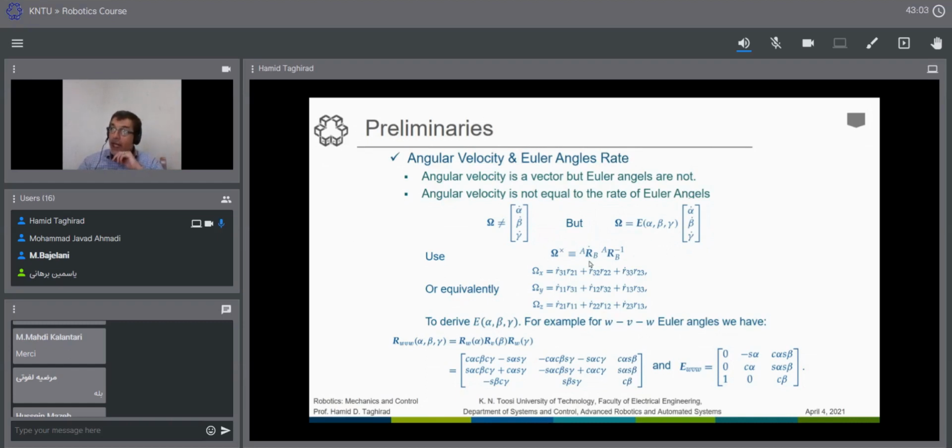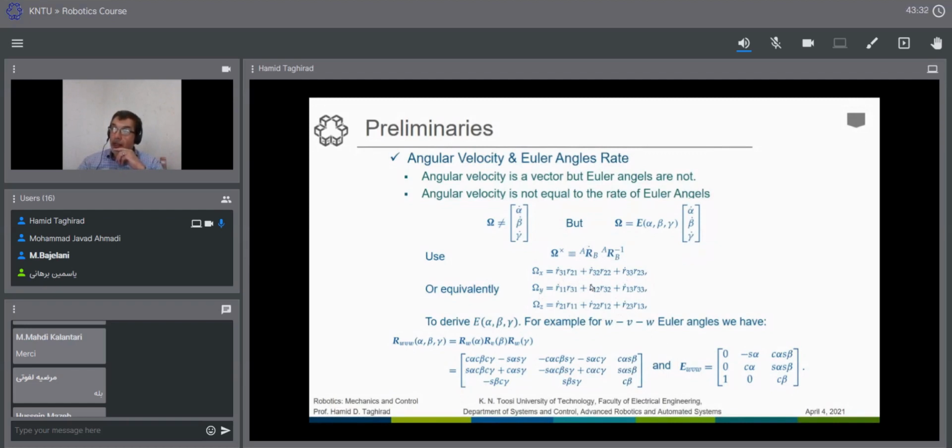So if you use that, we have two rotation matrices. If you multiply these two together and factorize alpha dot, beta dot, gamma dot from this rotation matrix, that can be represented by this derivative component-wise. I prefer to use this part, but if you like to use the component form, well, this is also possible to do.